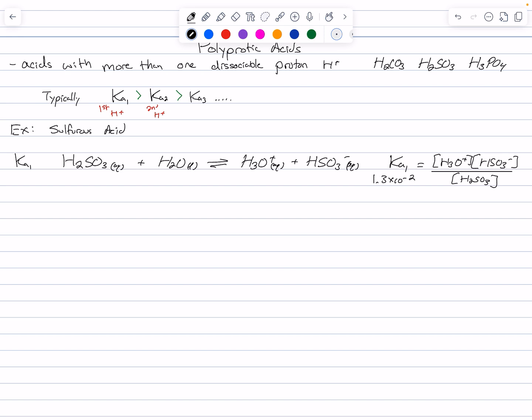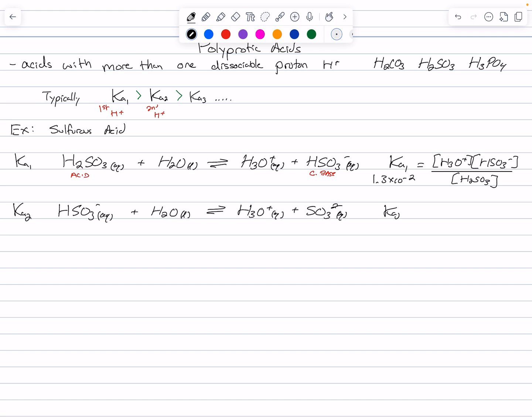And we have Ka2. After step 1, we have our acid and our conjugate base. However, our conjugate base can be an acid as well, HSO3 minus, hydrogen sulfite. It can further react with water in the second step, so each of these is a step, to get more hydronium and sulfite.